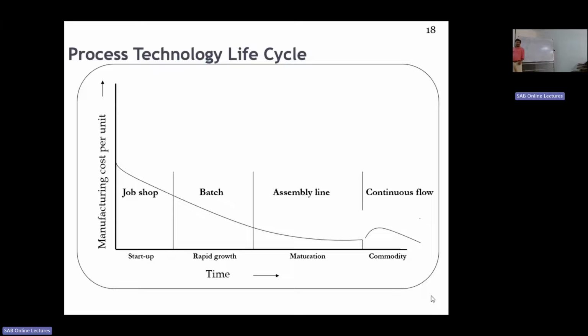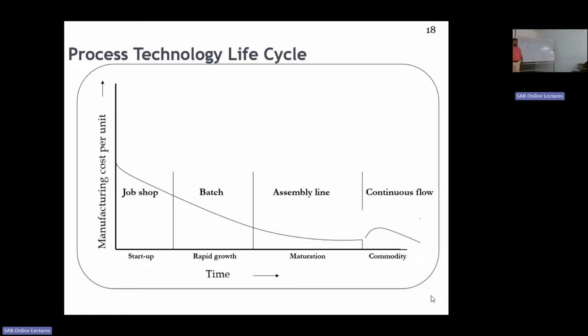What is needed in the market is a highly standardized commodity type product, we call it. That means no varieties. Market expects something called a commodity product, highly standardized, no varieties, right? And for that, even if the mass processes are not enough, in some industries we see they convert them into even continuous flows.